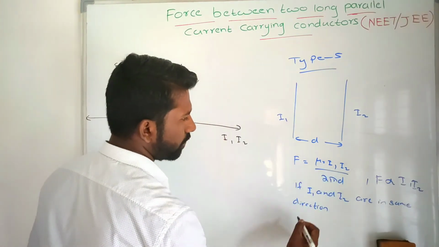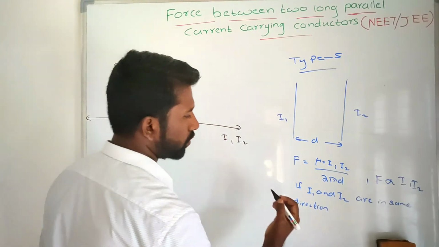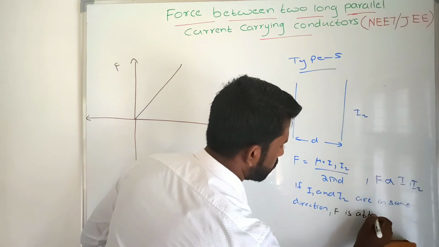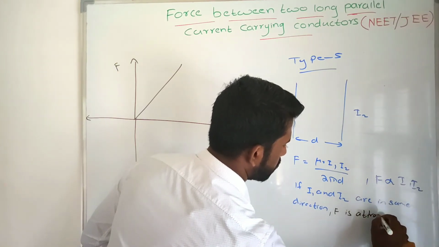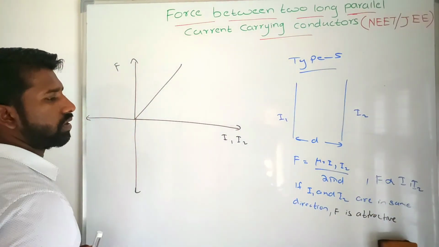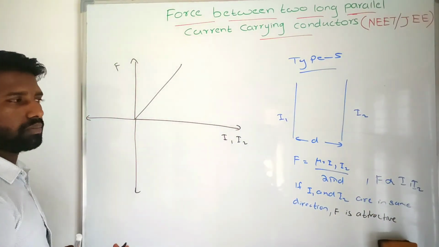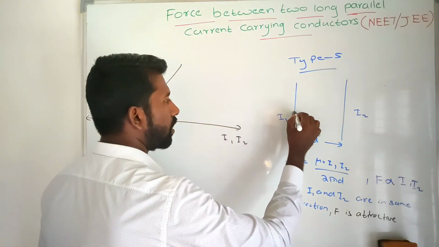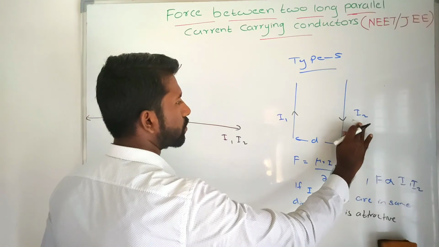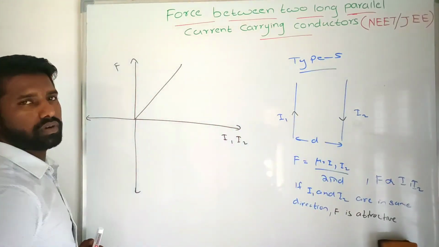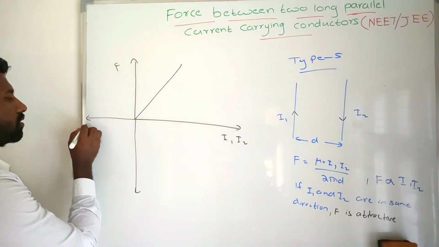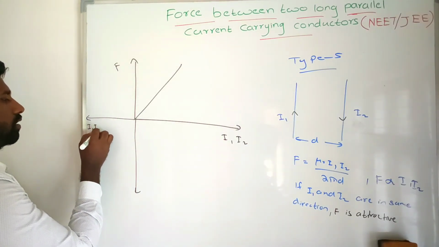Next, if I1 and I2 are in the opposite direction, that means if I1 is going in this direction and I2 is in this direction, the downward one I take as negative. So the I1 into I2 product is negative, so it will come like this.